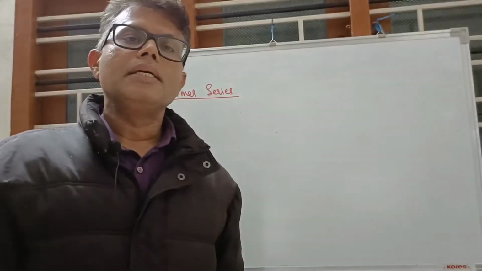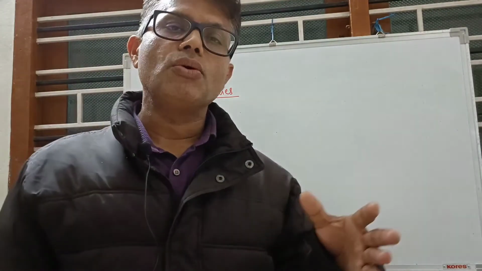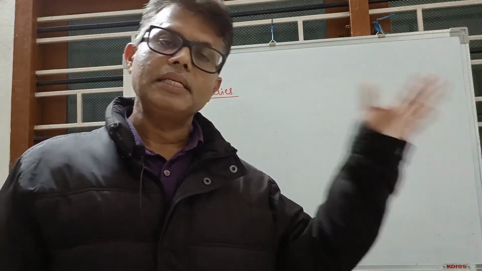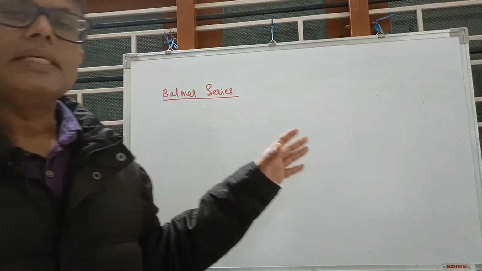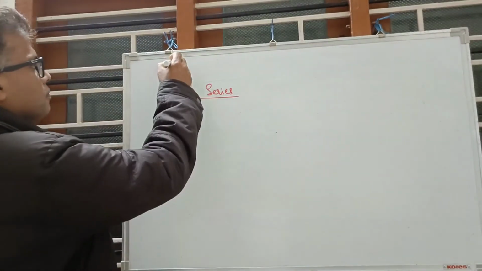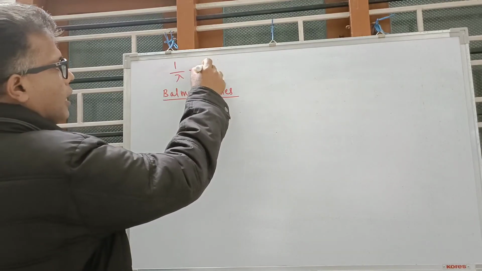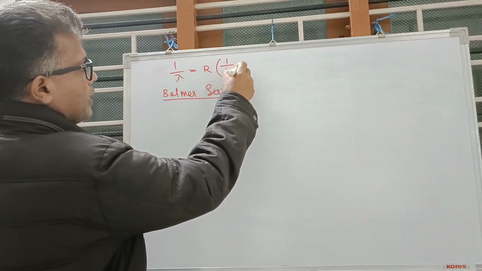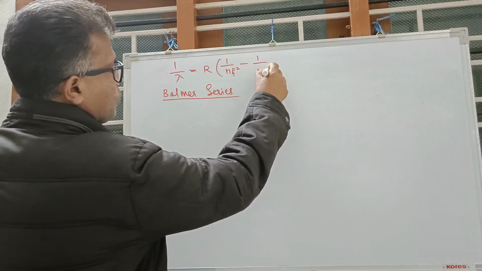Okay, see this spectrum, there are lines in the visible range also, and in the invisible range also. We already saw what is the visible range, what is the invisible range, ultraviolet range, infrared range, everything we'll see. To calculate the wavelength, there is an equation: 1 by lambda is equal to R into 1 by n final square minus 1 by n initial square.